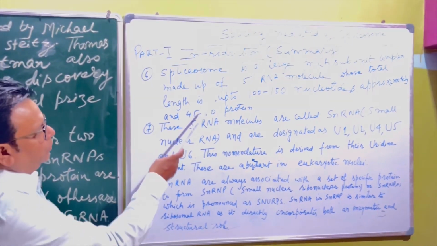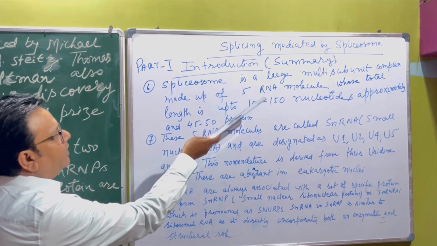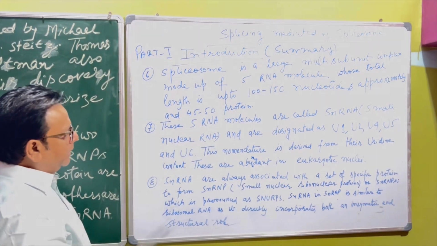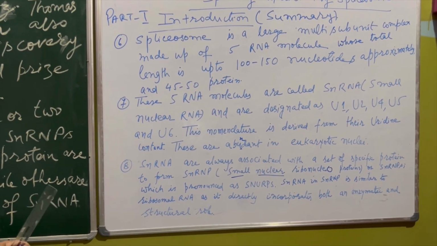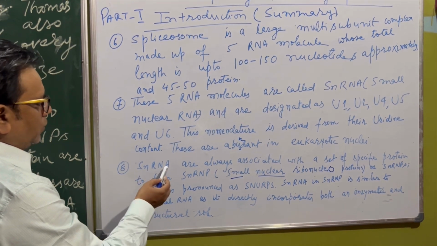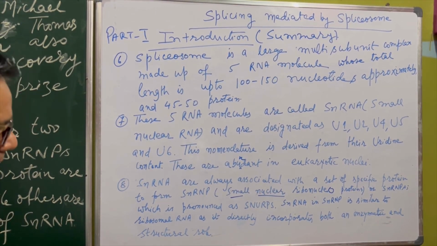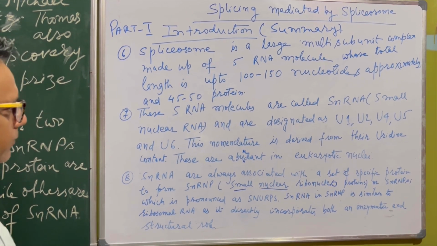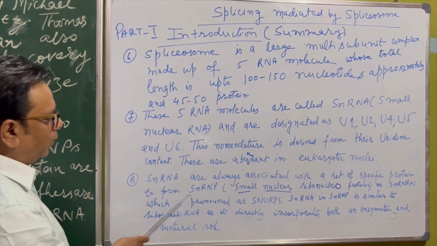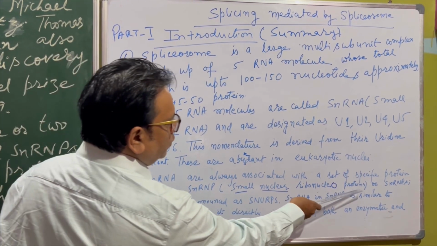Now, since a spliceosome is made up of 5 RNA molecules and 45 to 50 proteins, now point number 8. Small nuclear RNAs are always associated with a set of proteins, leading to the formation of what is called snRNP, that is small nuclear ribonucleoprotein.